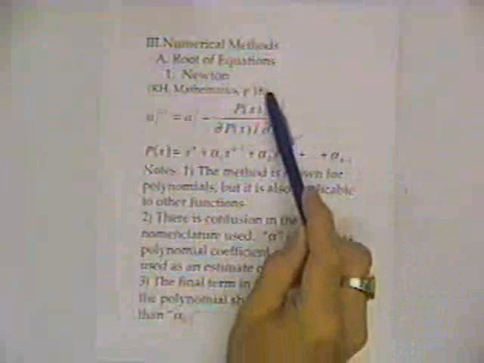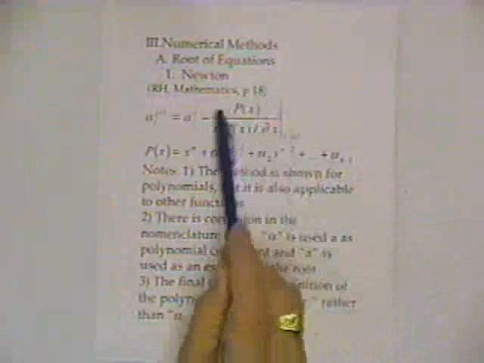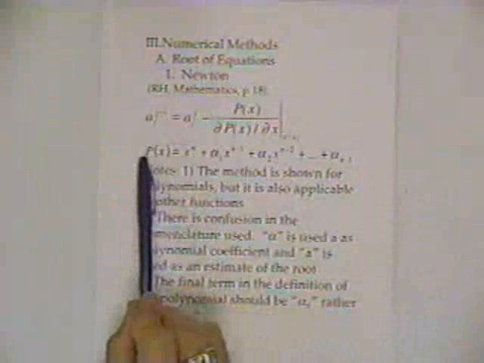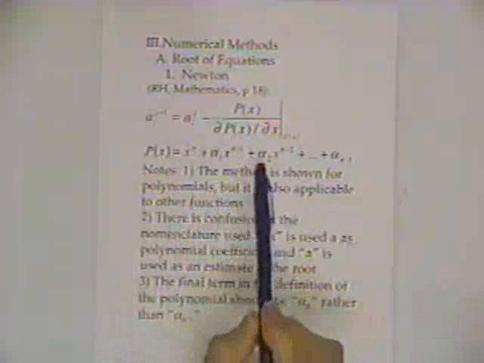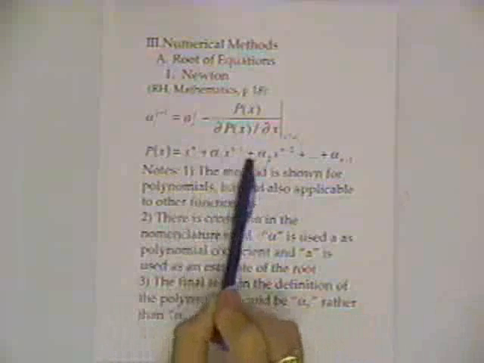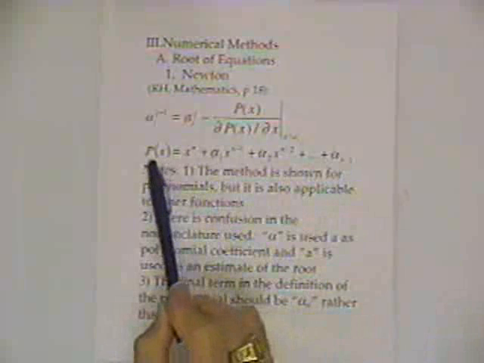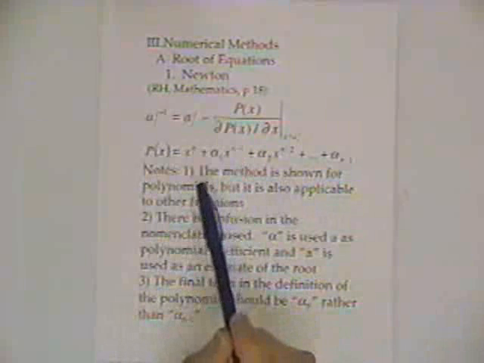The source of this is the reference handbook, the mathematics section on page 18, and the way it's presented is as shown here. Right? So what you're trying to do is find the root of an equation represented by the symbol p of x, and the reference handbook shows it as a polynomial equation. All right? Keep in mind that any equation of x could be solved using Newton's method.